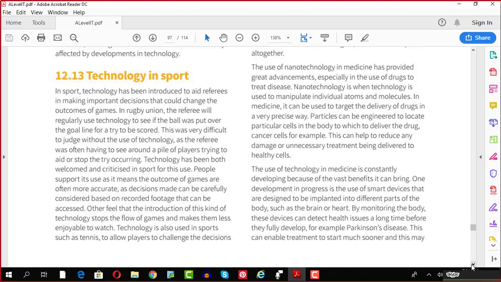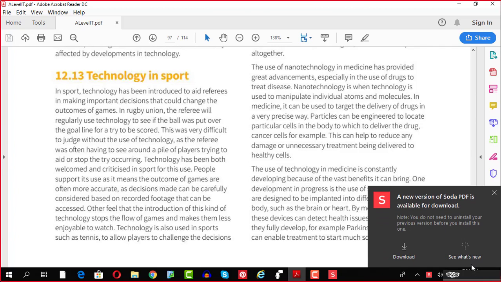Every day something new comes in. If you talk about scoreboards, you have new software being developed so that they can increase not only the efficiency of the result but also the accuracy of the result.